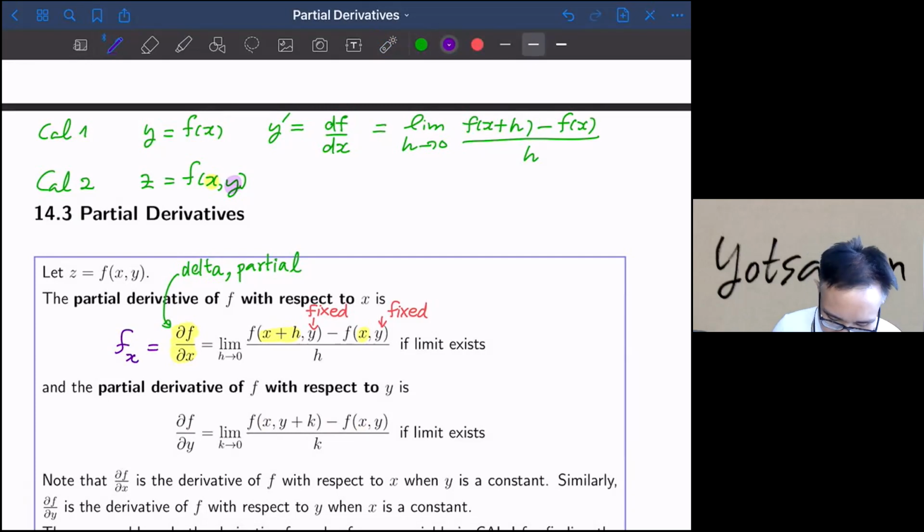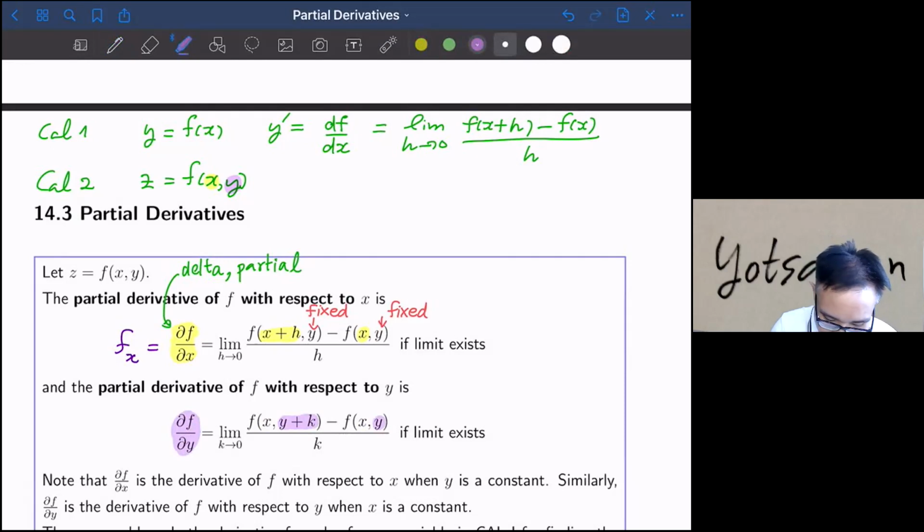Similarly, we can find the partial derivative with respect to y. This one will be df dy, and it's going to be the partial derivative with respect to y. So you have f(x, y plus k) minus f(x, y), over k.